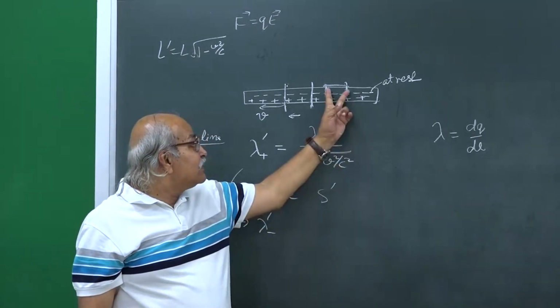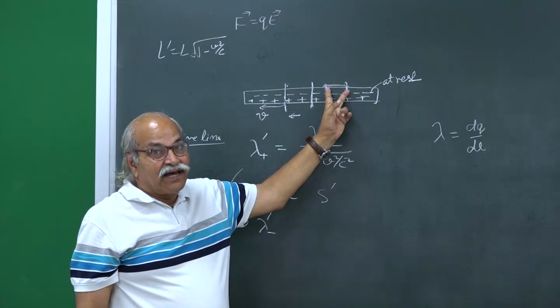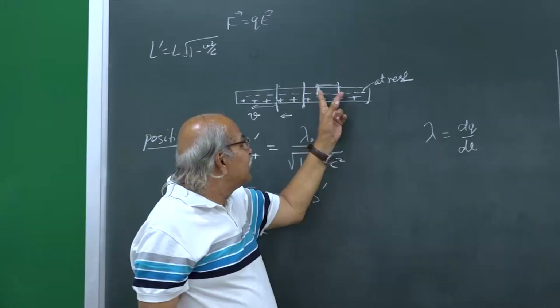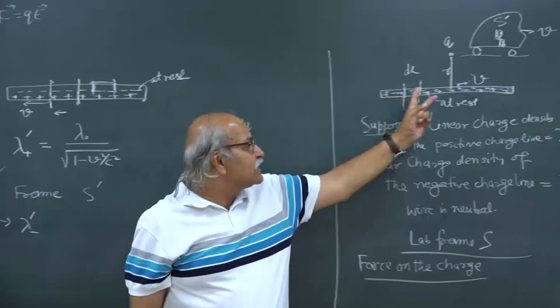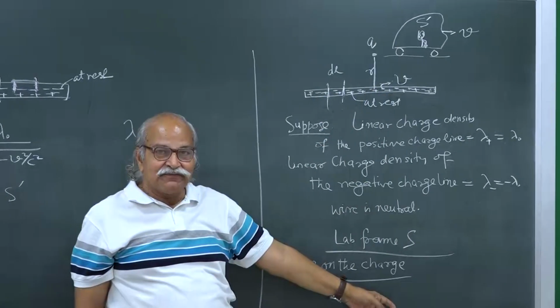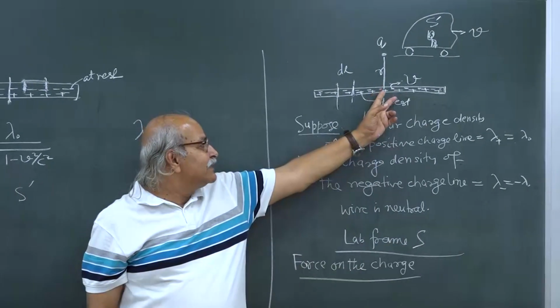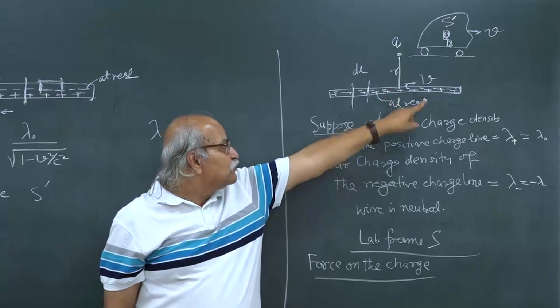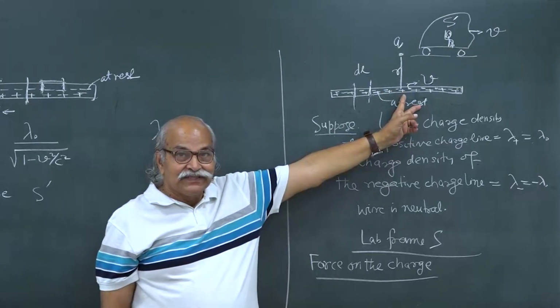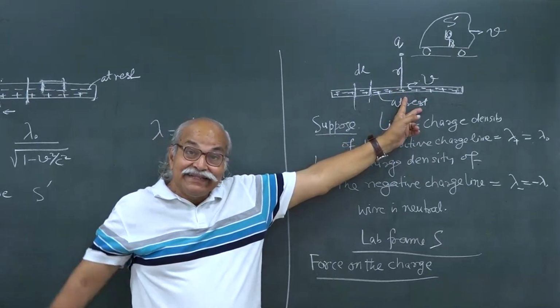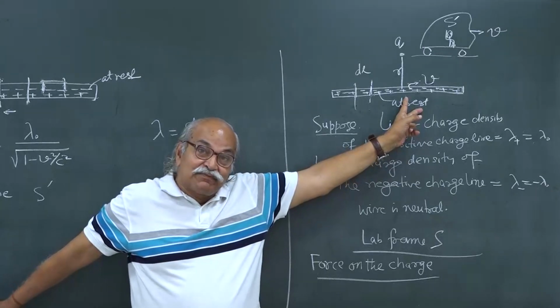So, this length is the rest length, it is the larger length, and the same two marks, if I look at from the S frame, the lab frame, the negative charges are moving, so it is shorter, right. So, the length has increased if I go to the S prime frame.